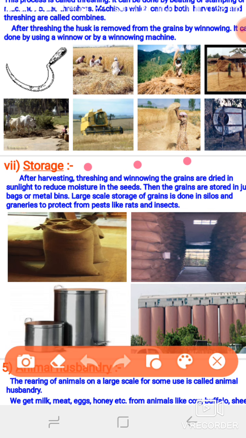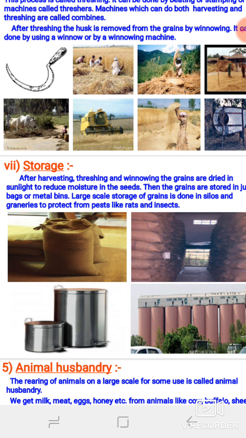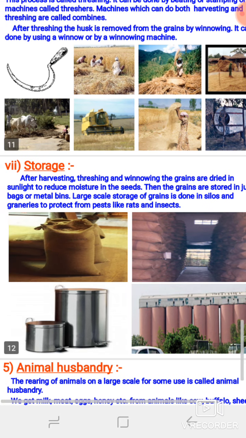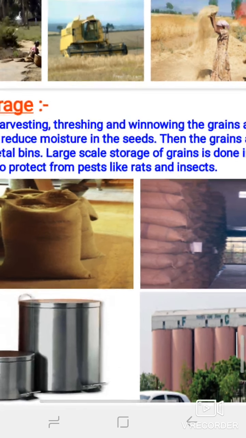Then afterwards, they are dried in the sunlight to reduce the moisture in the seeds. Then the grains are stored in warehouses, in jute bags or metal bins. Large scale storage of grains is done in silos and granaries, as you can observe here.